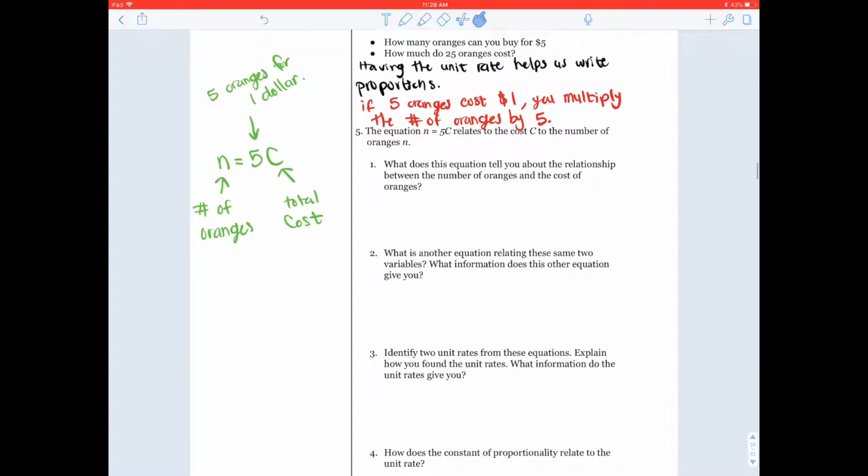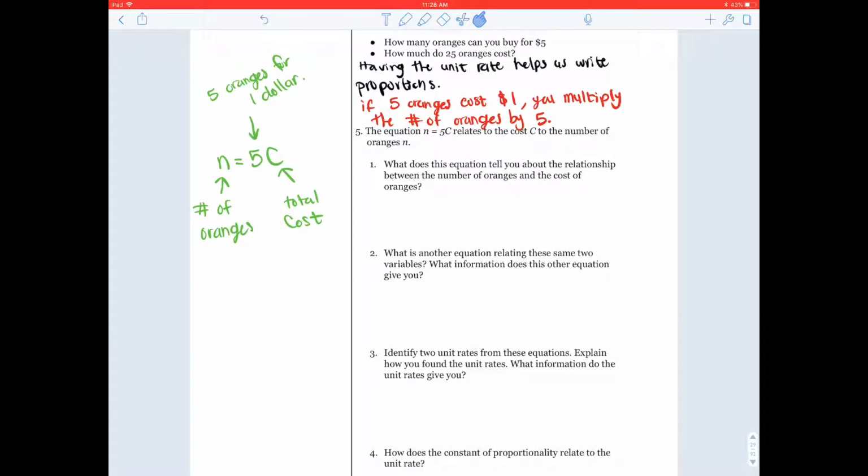So, going back to this question, what does this equation tell you about the relationship between the number of oranges and the cost of oranges? Let's read this out loud using the words that we created here.